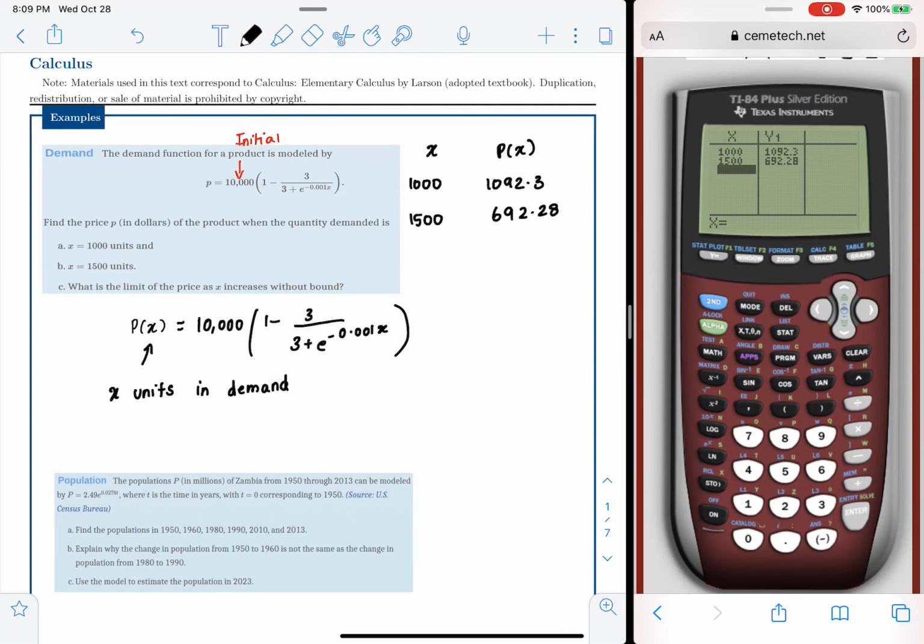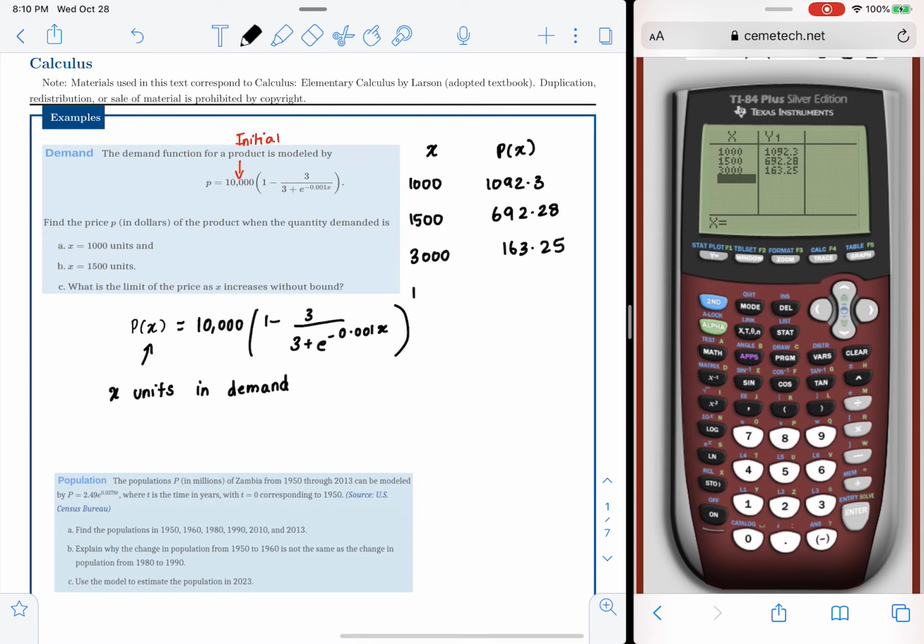For example, the more we have in demand, let's say instead of 1,500 we had 3,000, the price is going to decrease because we have more in demand.